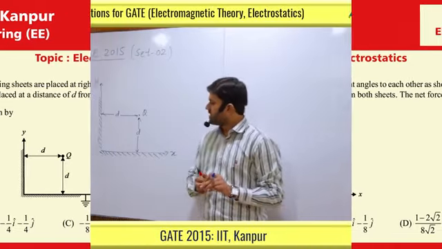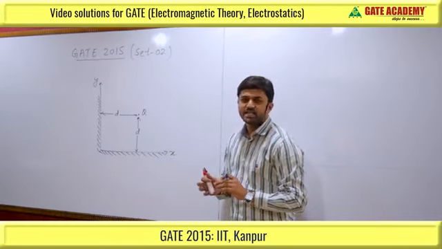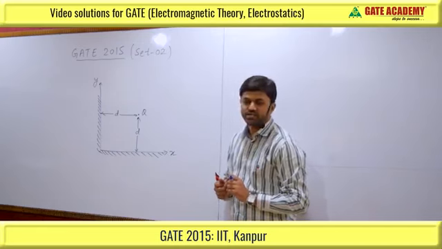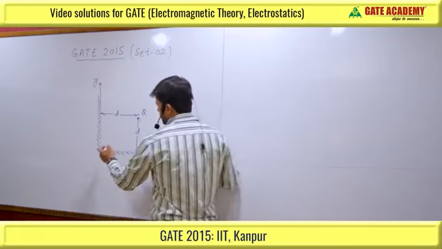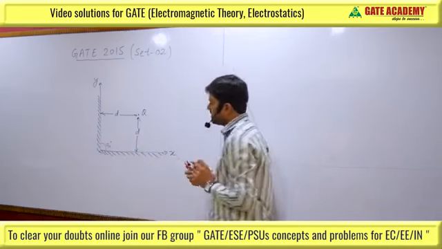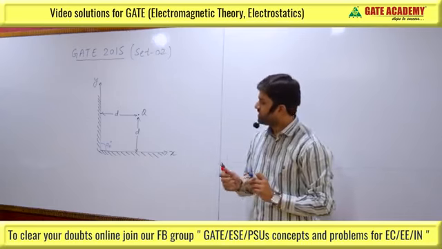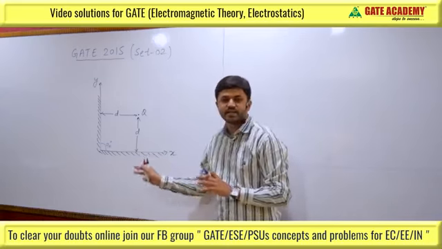It is given that two semi-infinite sheets are placed at right angle to each other. So here the angle is 90 degrees. They are placed at 90 degrees to each other and they are infinite conducting sheets.